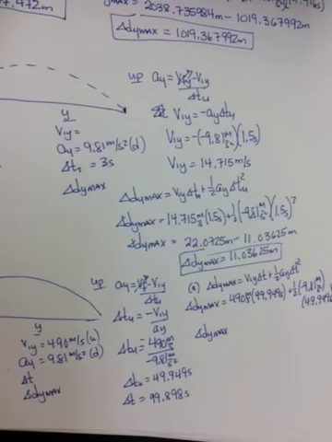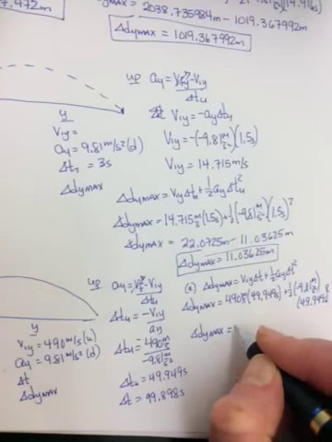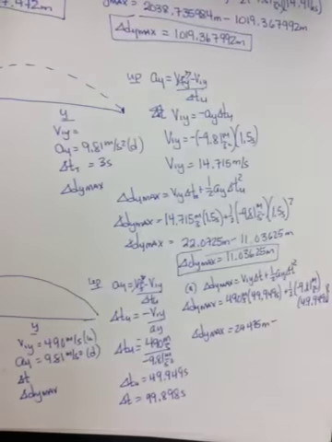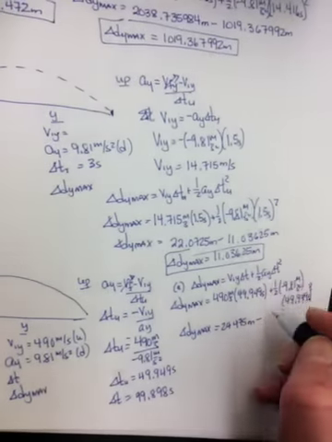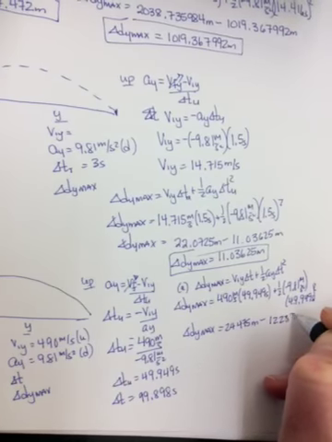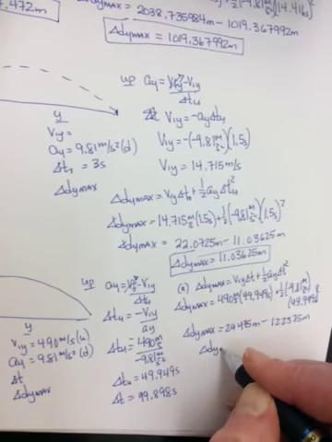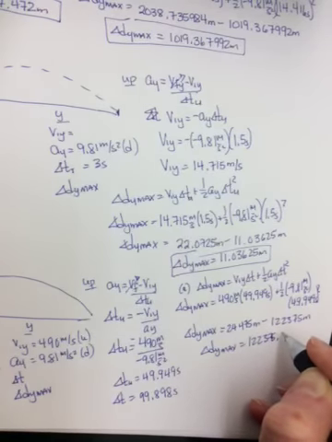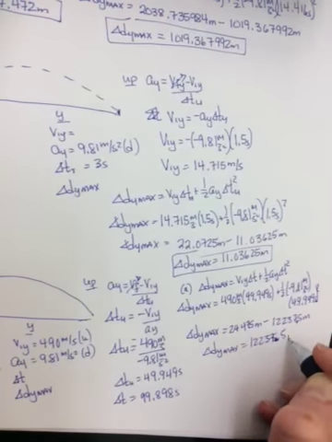So times 490. The first term is a huge 24475 meters, minus brackets 4.905 times the time squared, close the brackets, 1,22375 with decimals, and lo and behold, you get 0.5 meters.